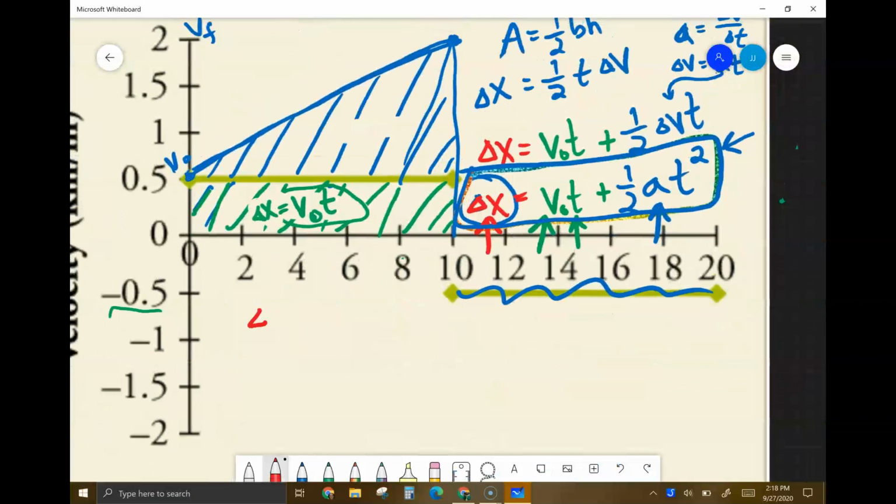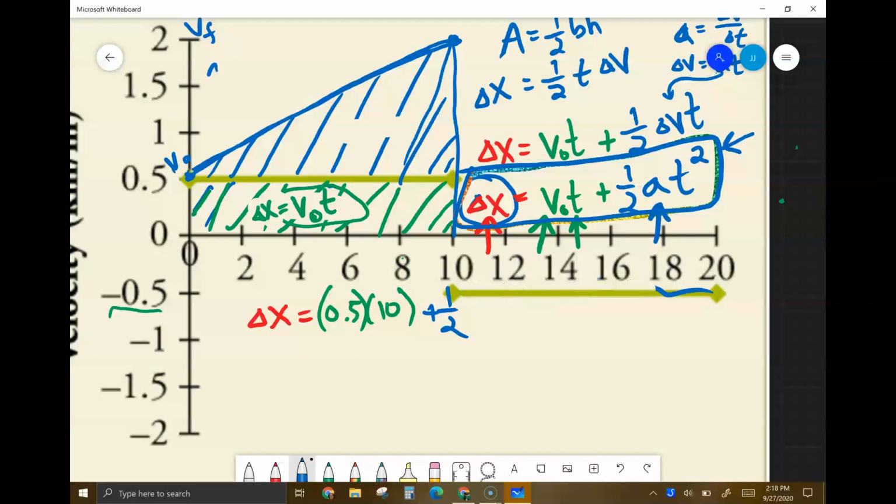just so we can see this in action. Okay, so total displacement is equal to initial velocity, which was 0.5, times time, which was 10 minutes. I'm not going to worry about units right now because with the marker it gets messy. And then I'm increasing my speed part, so 1/2 acceleration. What's the acceleration?